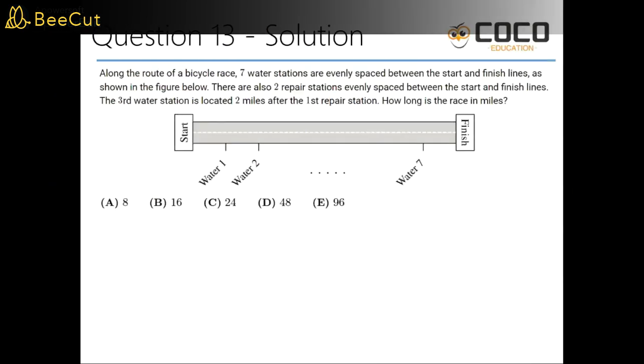Now, question 13. Let's draw it on the figure first. So we have 7 water stations. So this is water 3, 4, 5, and 6. 7 stations means altogether we have 1, 2, 3, 4, 5, 6, 7, 8. 8 intervals.